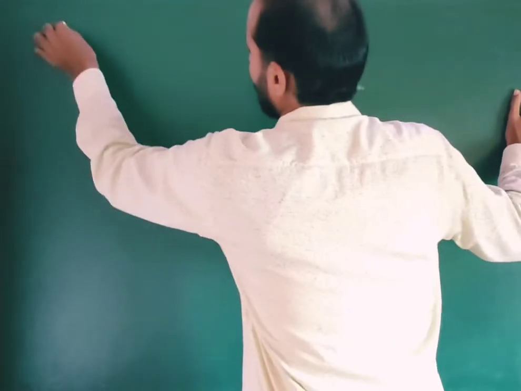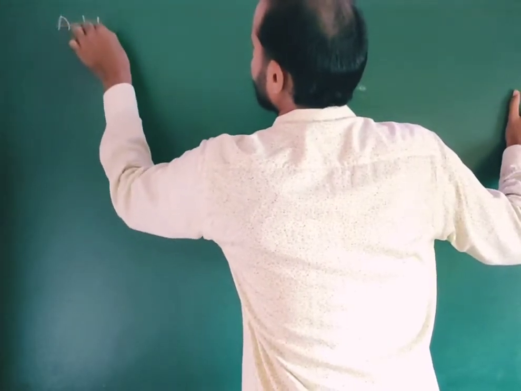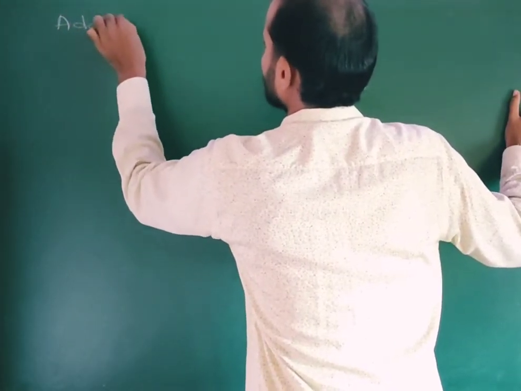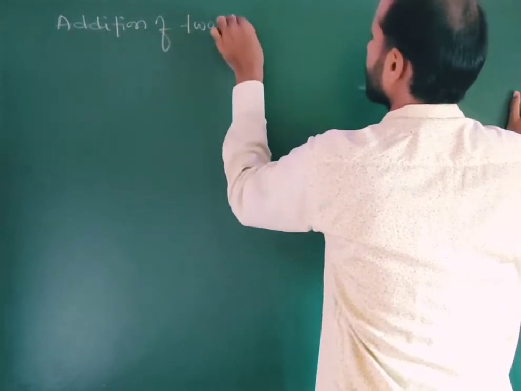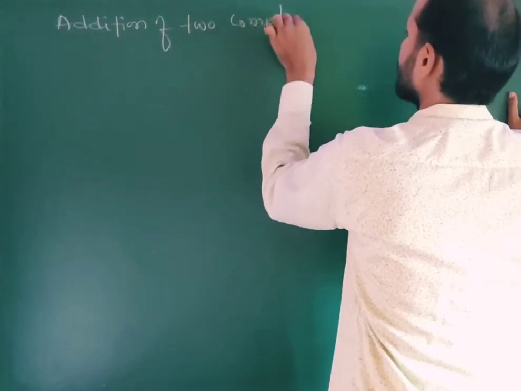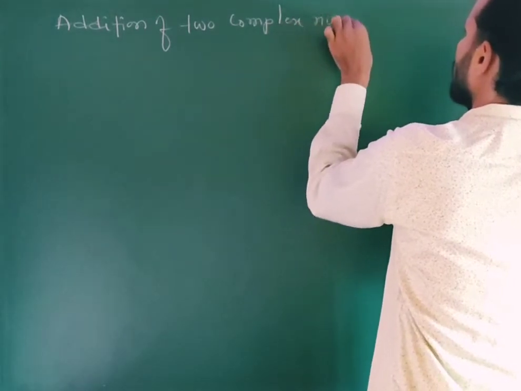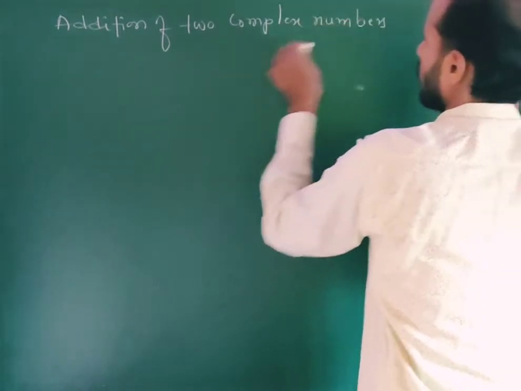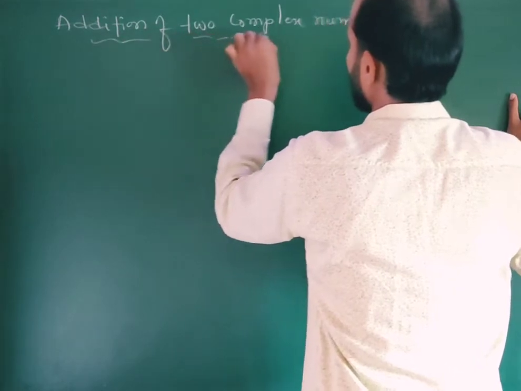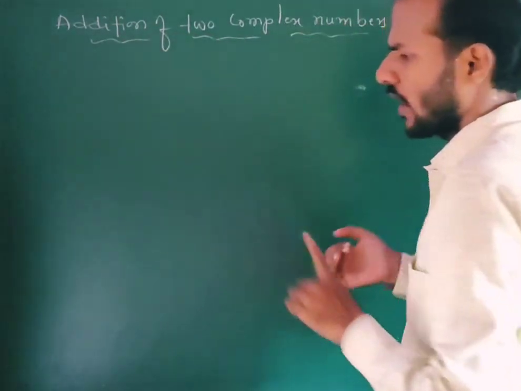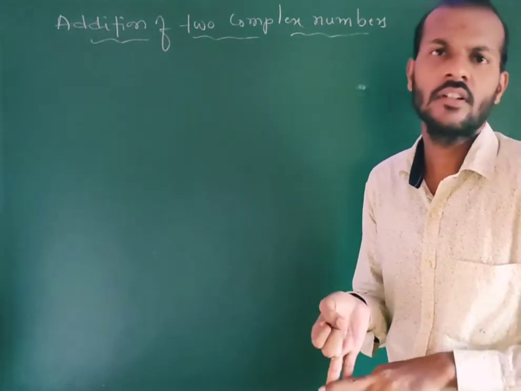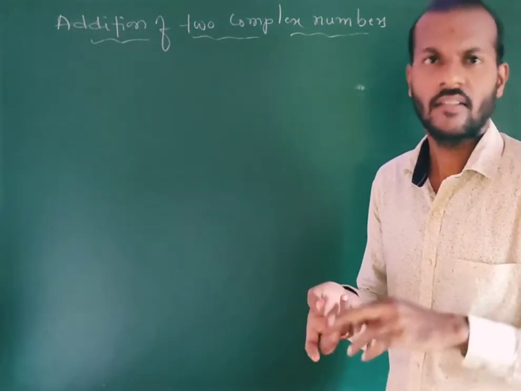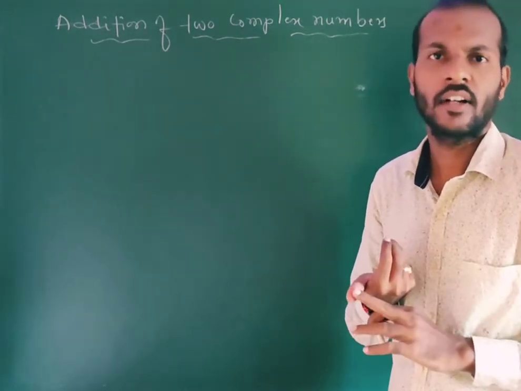Next, first one, addition of two complex numbers. Already you know how to add two natural numbers, integers, real numbers, rational numbers, irrational numbers also, right?